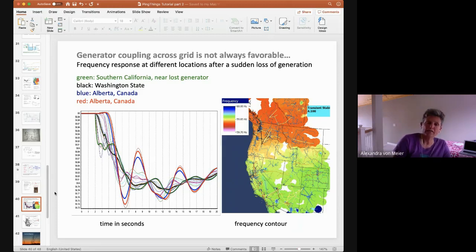So you could generate a graph like this without PMUs if you recorded the frequency at each location and just synchronized it well enough to the nearest second or tenth of a second. You don't have to synchronize it to the millisecond or microsecond like with the PMU to be able to describe a relative angle. That makes sense.